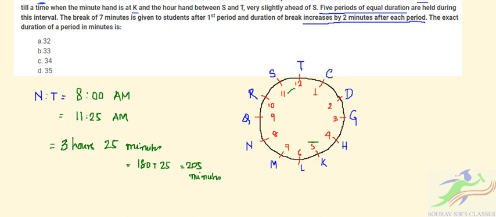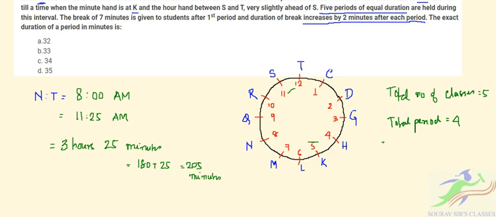Now after the first period the break of 7 minutes is there, and the duration of break increases by 2 minutes after each period. Total number of classes is equal to 5, so the total number of breaks will be 4.